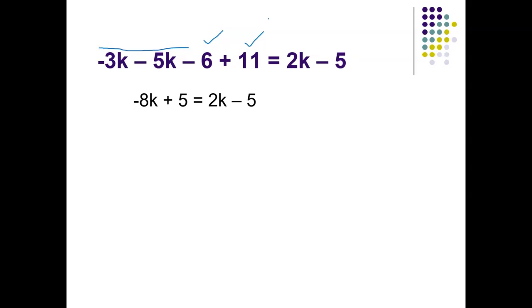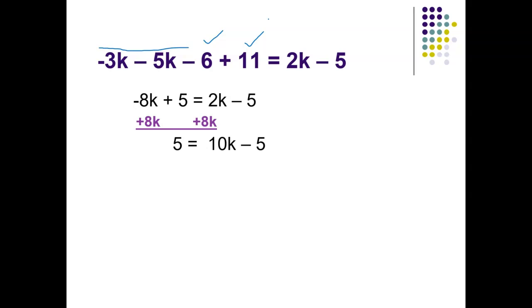Now I have k on separate sides of the equation. I will try to eliminate one of the k's. In this case, I will get rid of the negative 8k by adding positive 8k to both sides. That way I can eliminate the negative 8k and the positive 8k, and I will end up having 5 equals 2k plus 8k, 10k minus 5.